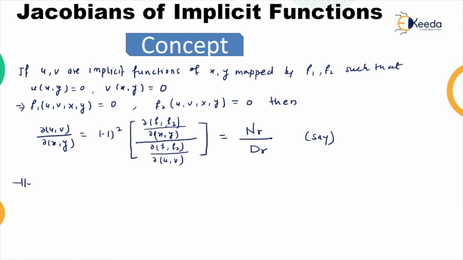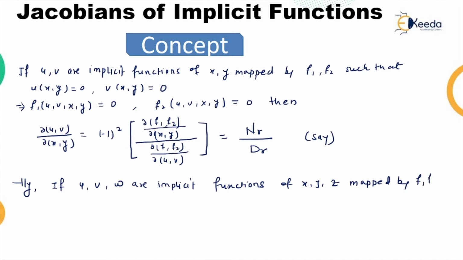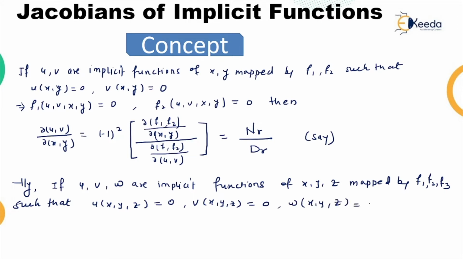Now similarly, if u, v, w are implicit functions of x, y, z mapped by f1, f2, f3, where f1 is a function, the next function f2 is a function, and the next function f3 is a function, such that u(x,y,z) equals 0, v(x,y,z) equals 0, and w(x,y,z) equals 0.